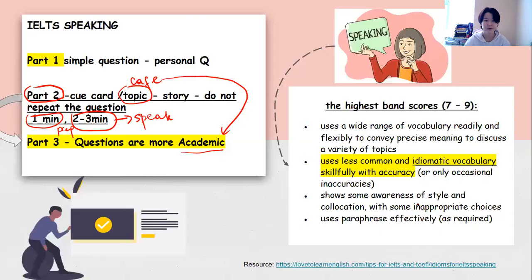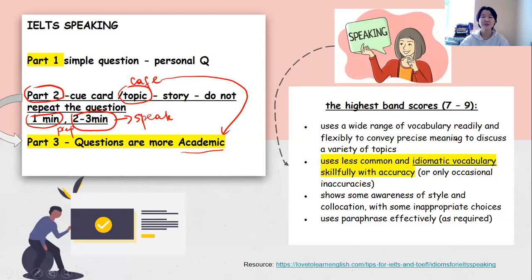Let's go back to our presentation. In order to get a high score, the highest band scores between seven and above, till 9, you should use a wide range of vocabulary.